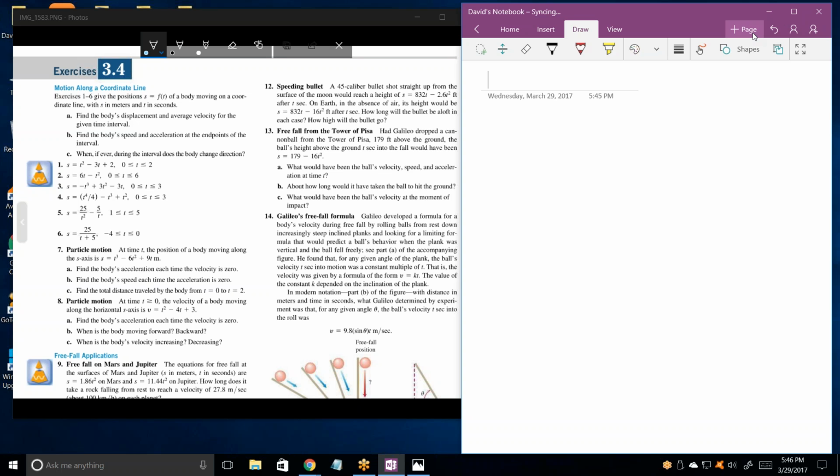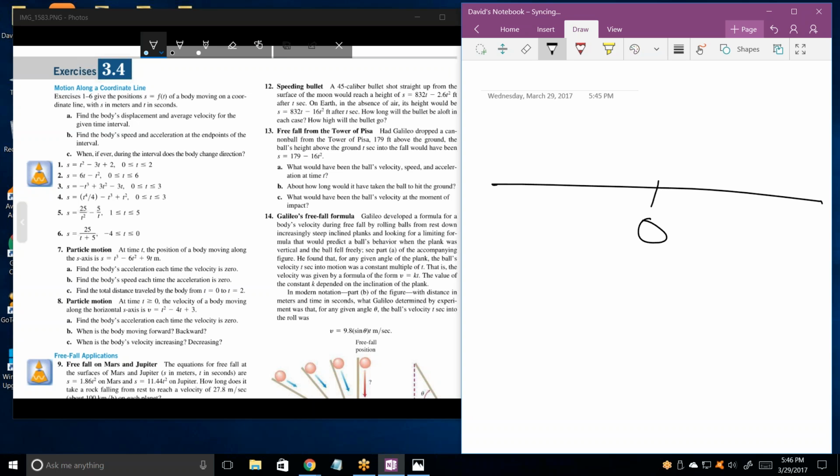What they're kind of doing is giving you an introduction to integration. First of all, at time 0, where does the particle start? Now, plug in t of 0 into this function. What is its position going to be? That's where it starts.